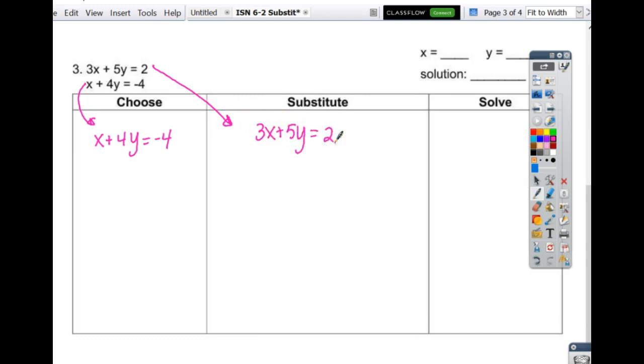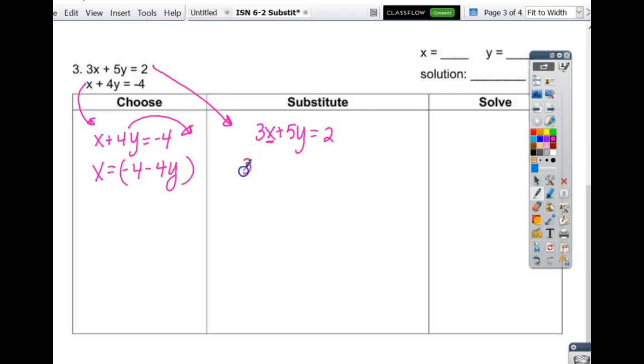So now this time the x is not by itself. So I'm going to move this to this side to get the x by itself. So when I do that, I'm going to put parentheses now. And this goes for x.